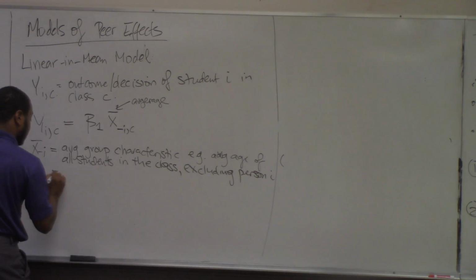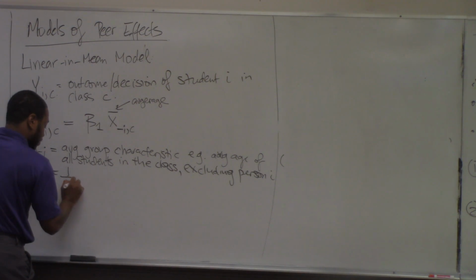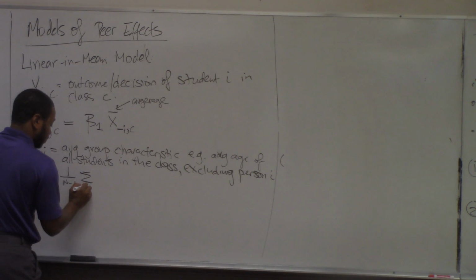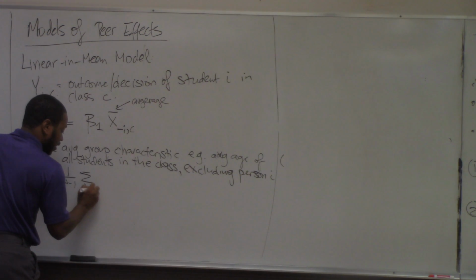In particular, that's going to be 1 over n minus 1, the sum over j not equal to i.